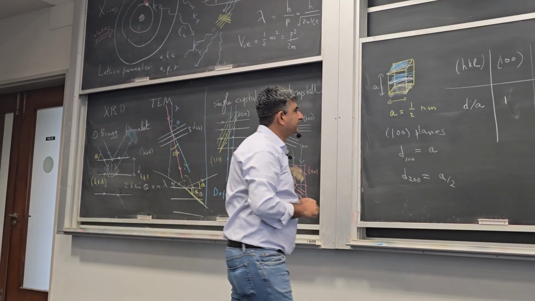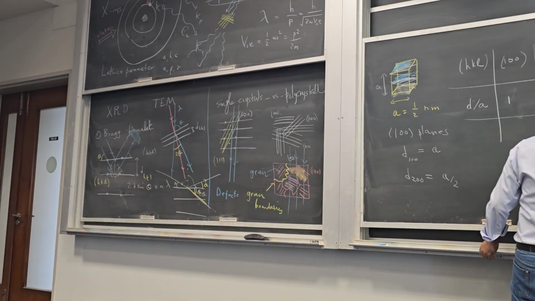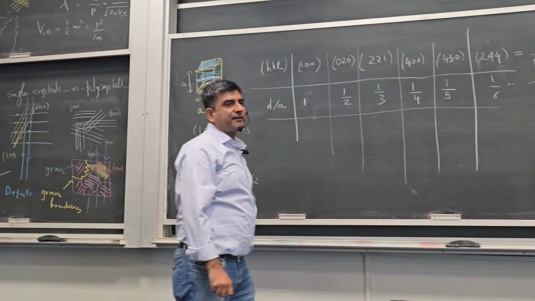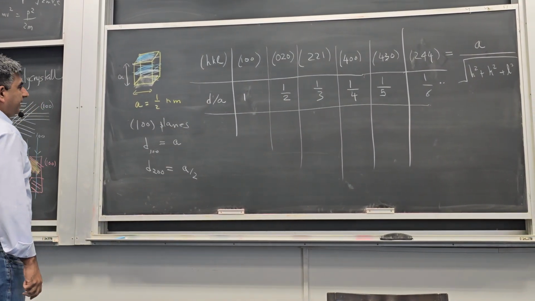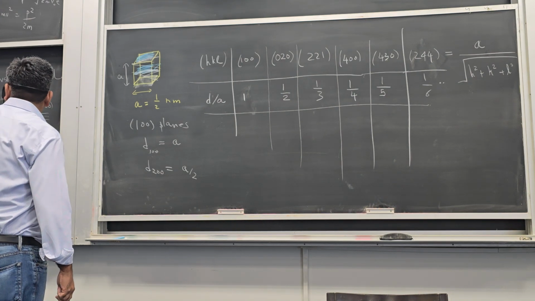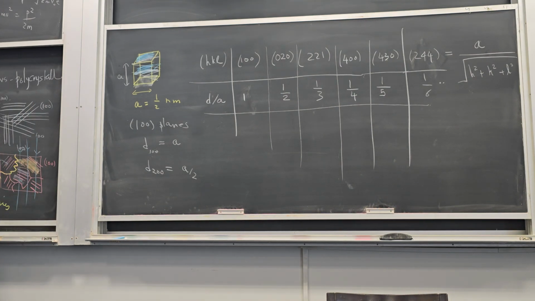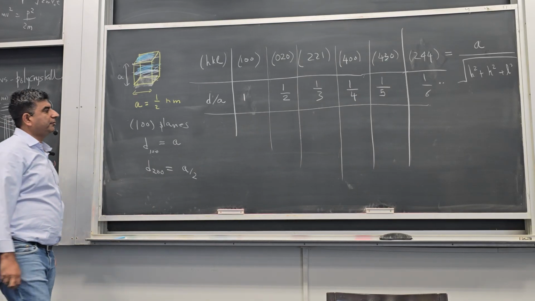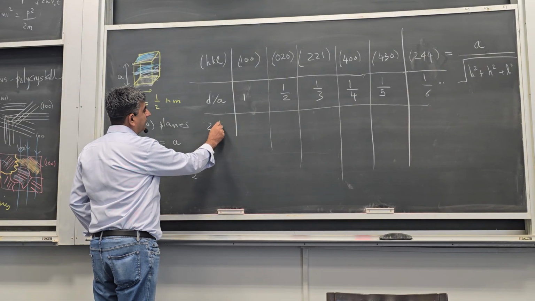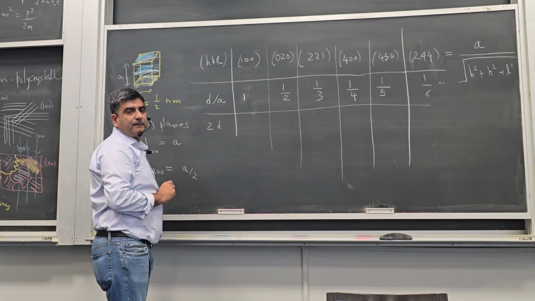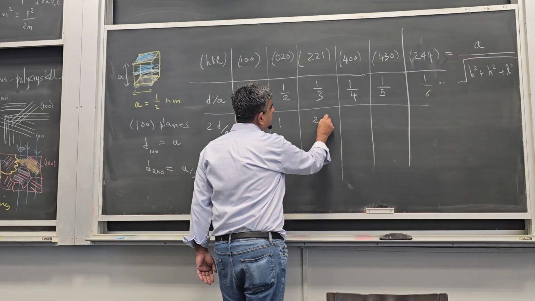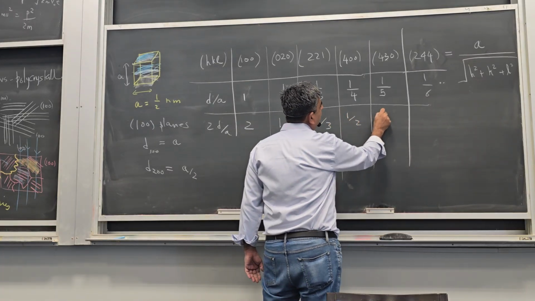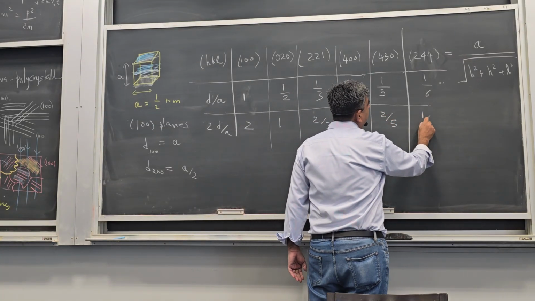Okay, now we're going to look at the Bragg formula and what implications it has. Let's take n equals 1 and look at 2D over A, which is 2, 1, 2 by 3, 1 by 2, 2 by 5, 1 by 3.